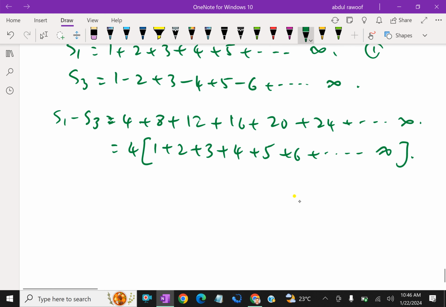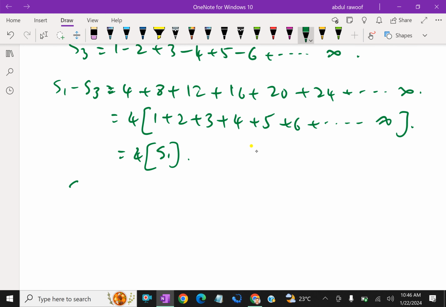Now look here at this 4 times 1 plus 2 plus 3 plus 4, which is the normal sum of natural numbers, equal to 4S1. We have the relation now: S1 minus S3 equals 4S1.